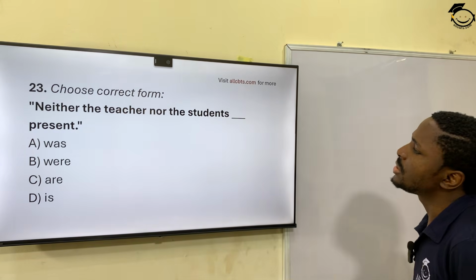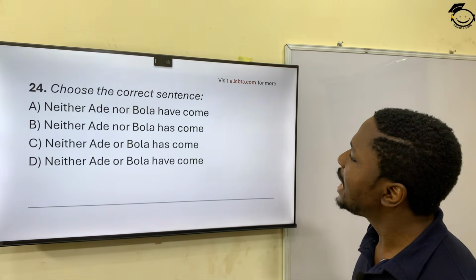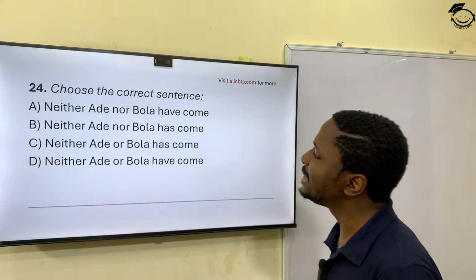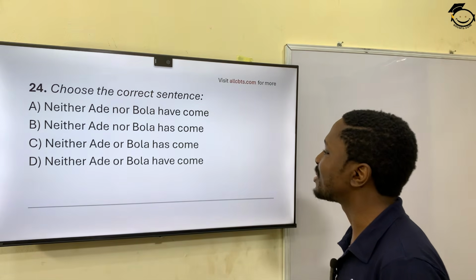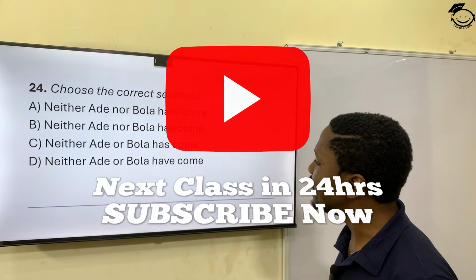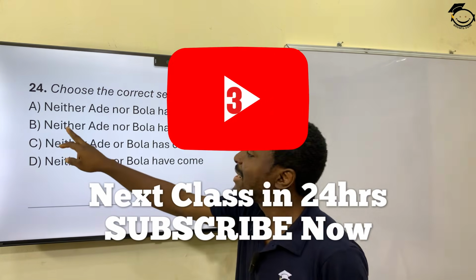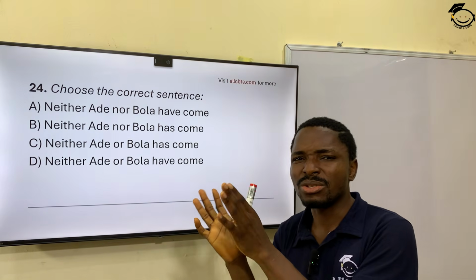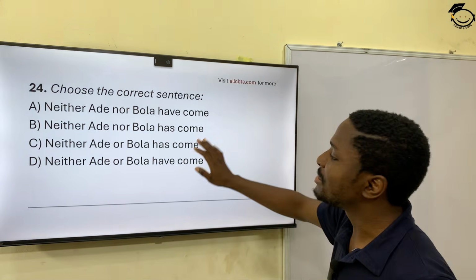Now 24. Choose the correct sentence. Neither Ade nor Bola have come. Neither Ade nor Bola has come. Neither Ade or Bola has come. Or neither Ade or Bola have come. In this particular case, neither makes it singular, like I explained. Neither makes this statement singular.